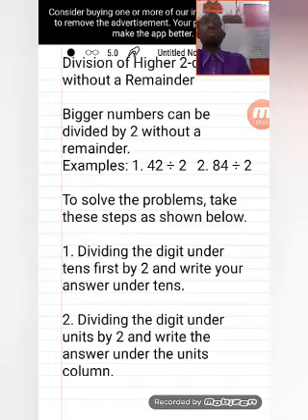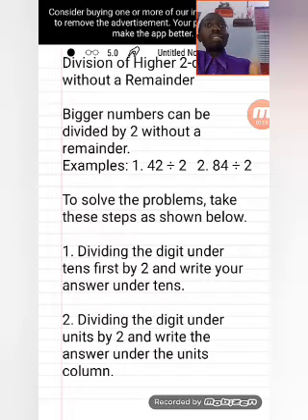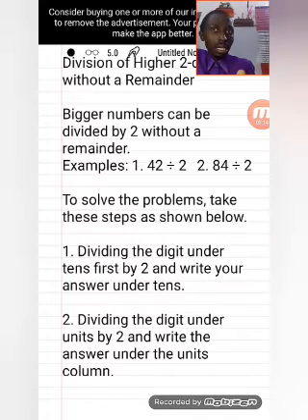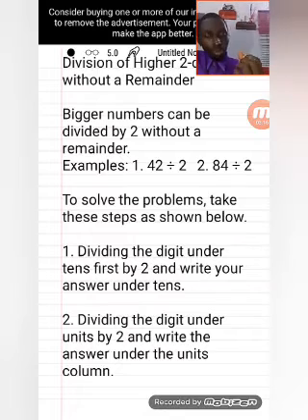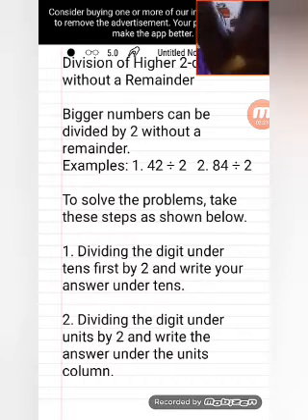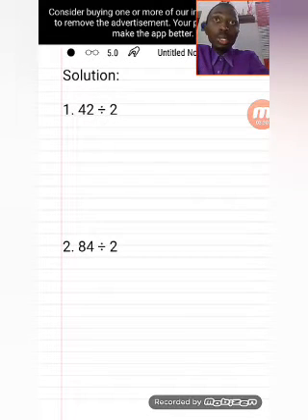That is the first number in a two-digit number, the first number from the left. So divide the digit under the tens first by 2 and write your answer under the tens. Then the second thing is you move on to dividing the digit under the units by 2 and write the answer under the units column. So those are the steps you take.